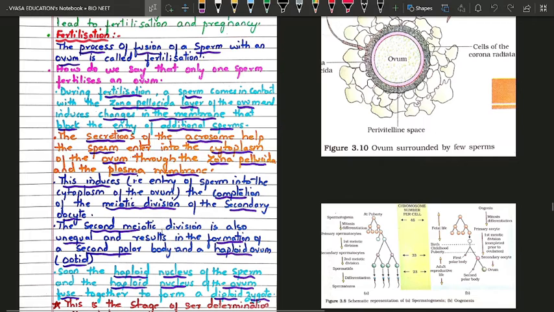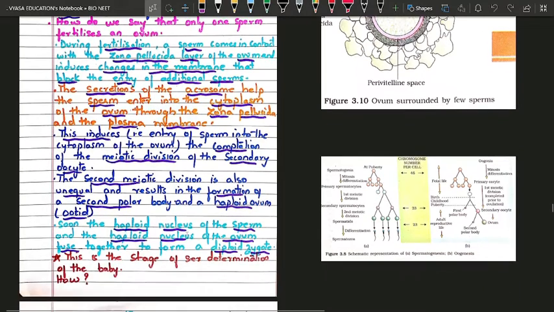The second meiotic division is also unequal. We came to this point earlier, right? The second meiotic division is also unequal and it results in the formation of the second polar body and a haploid ovum. See here, it is a haploid ovum. The sperm was haploid, the ovum is haploid, that is, gametes are haploid.